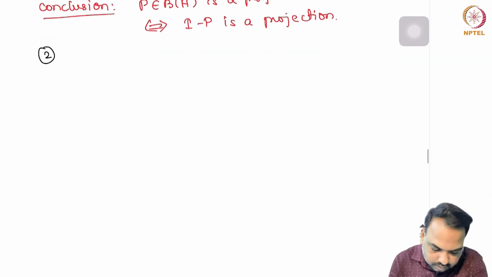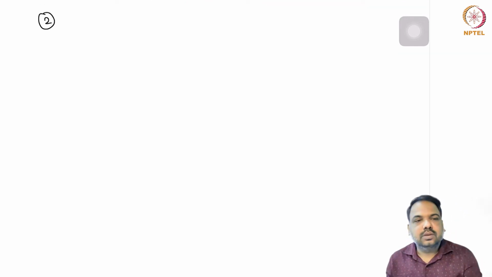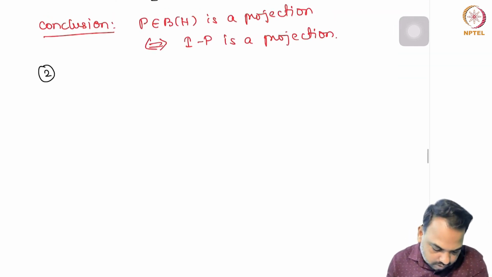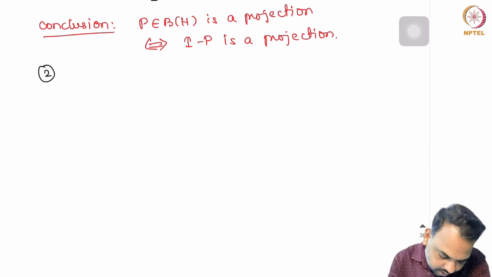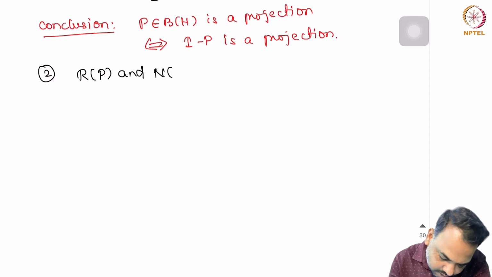Second one, if P is a projection, we can show that range of P is always closed. Range of P and null space of P are closed.